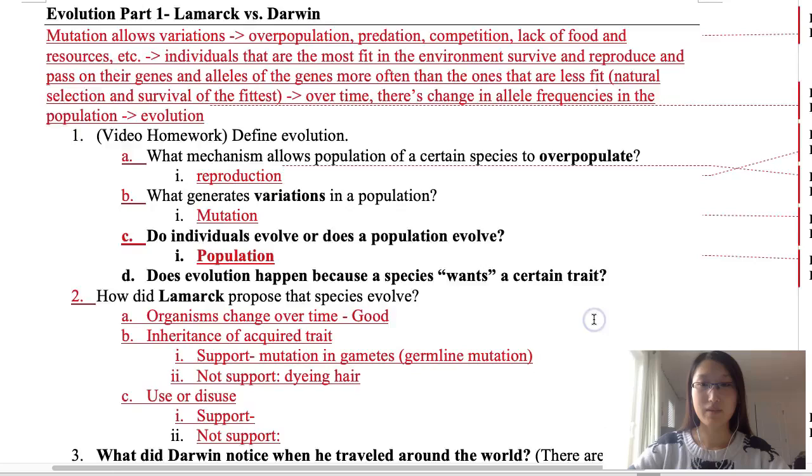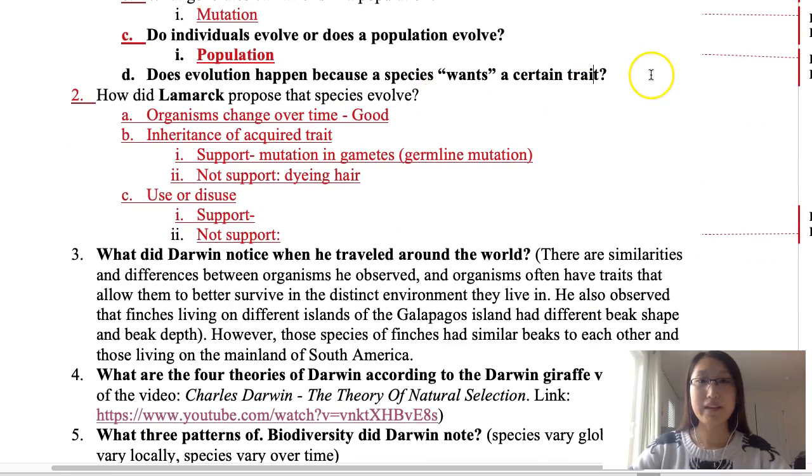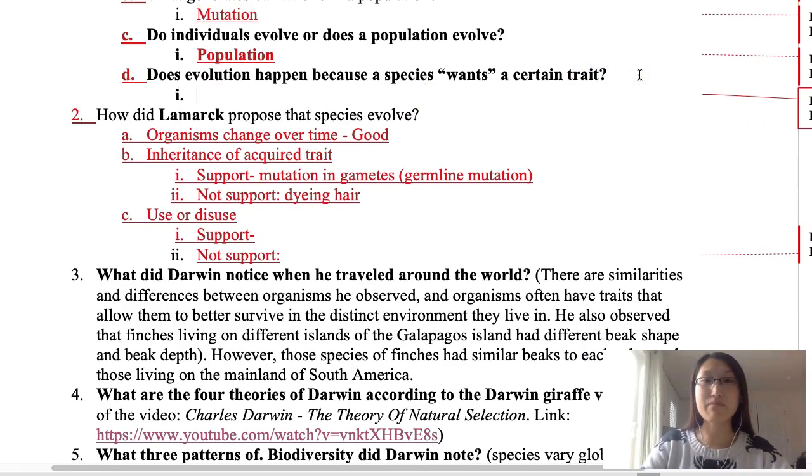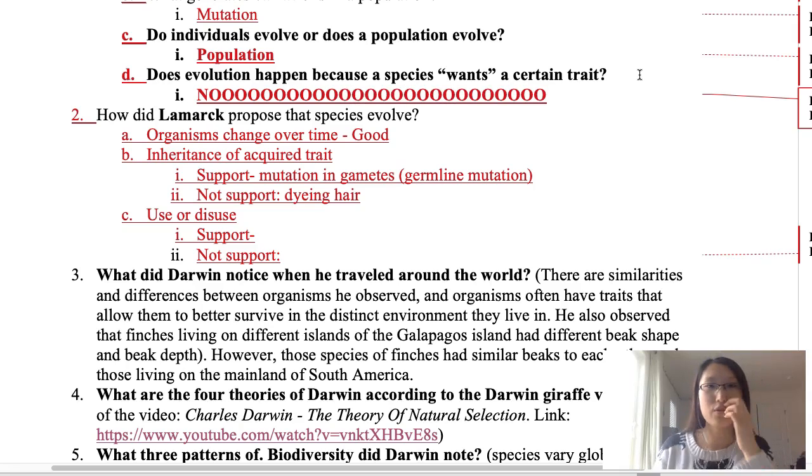Now, the next one is, does evolution happen because a species wants a certain trait? The answer is no, with that many O's, because it's so much no, okay? Evolution doesn't happen because we want anything, right? You can want wings. We as a population can want wings.